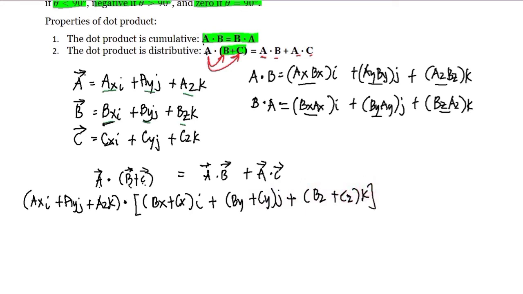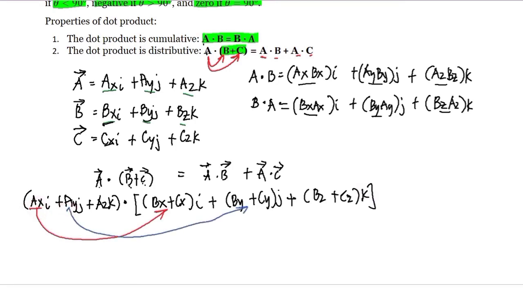Then we are going to distribute this. For the AX, we distribute it here, for the AY we distribute it to j, and for the AZ we distribute it here.